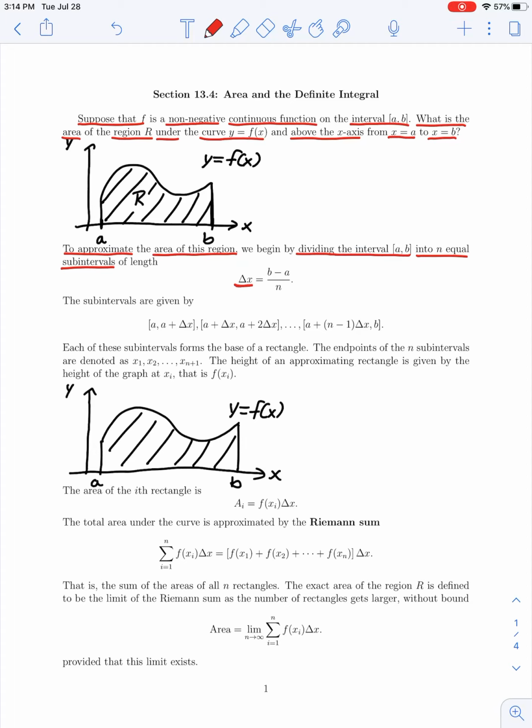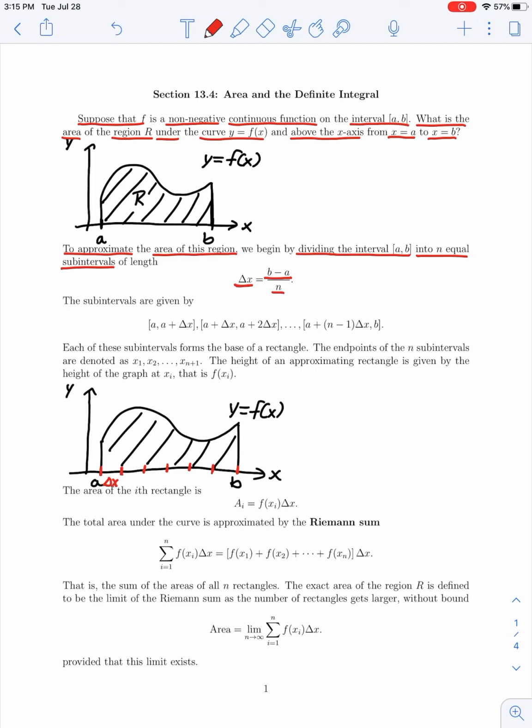And so if I'm dividing this into n equal subintervals, well, I would take the total length of my interval from a to b, which would be b minus a, and then I divide it up into n equal pieces. So what I'm doing is taking my x interval from a to b, and I'm going to divide it up into little subintervals of equal length.